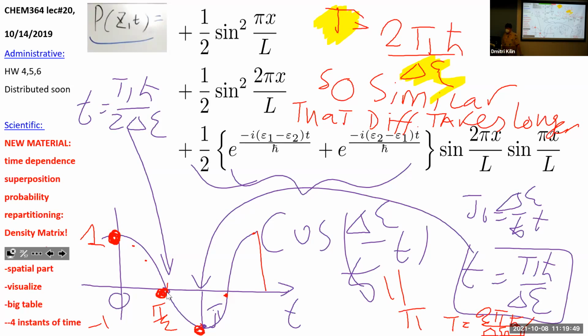So if you want to be careful in processing this idea, we can extract the period of these oscillations.